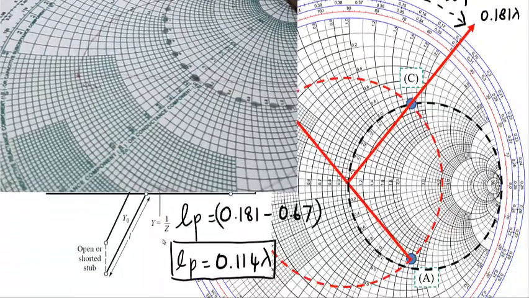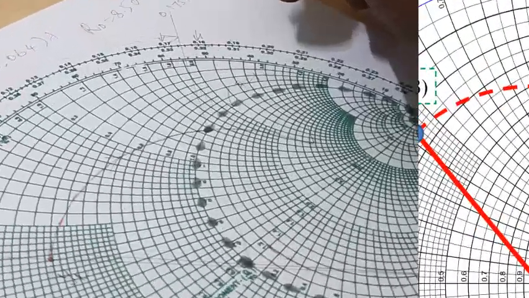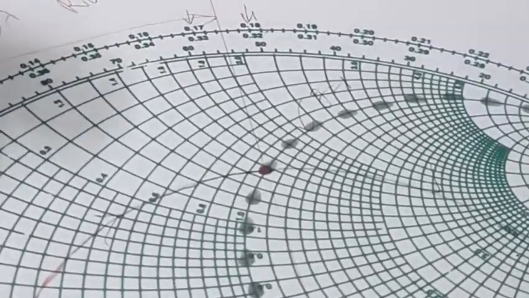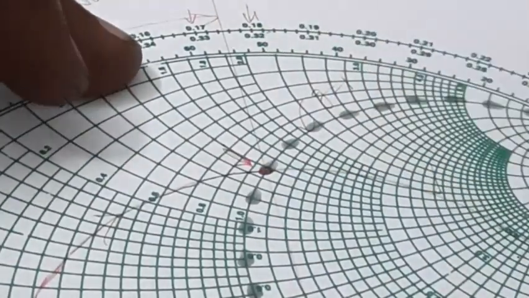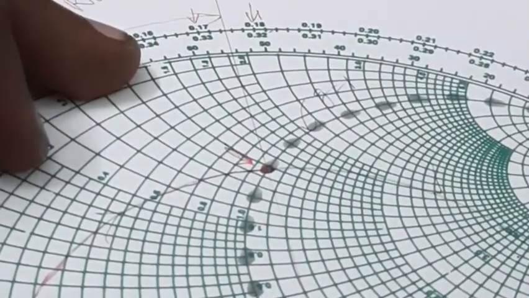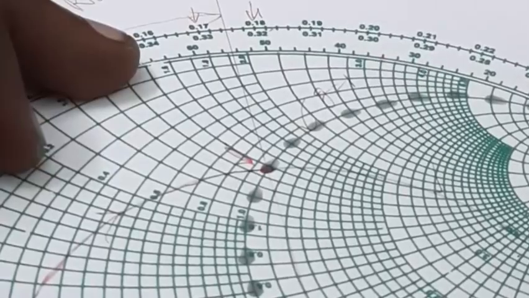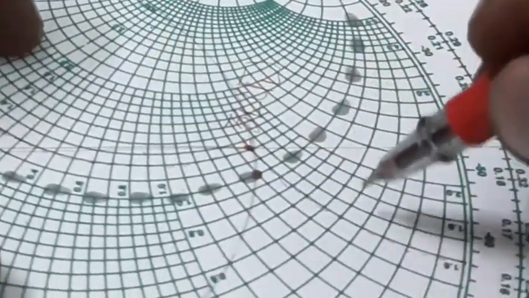So we got the value, and in the PPT you can see that the value is 0.114 lambda. So I believe the real Smith chart workout is correct. Now we have to cancel the reactance that appeared at this particular point. So in order to cancel it, we have to choose the opposite point which is available here.